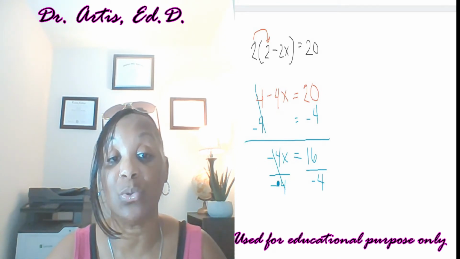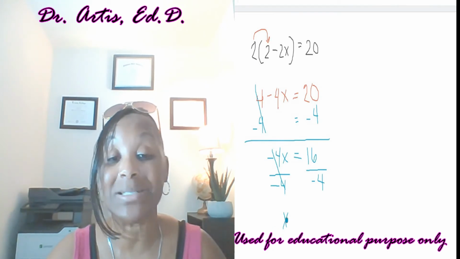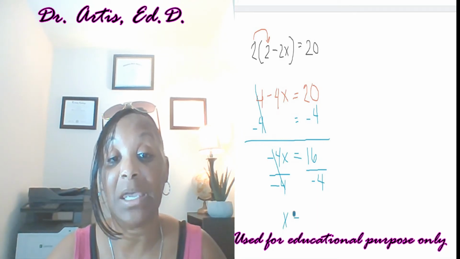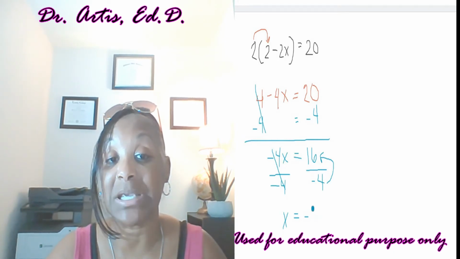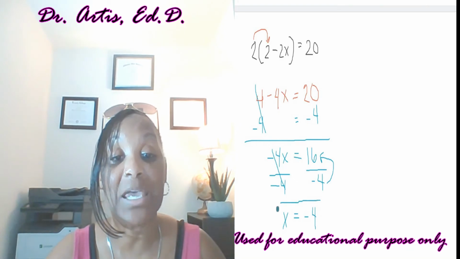We do not need to bring down that 1. The only thing we need to do is write x here because 1 times any number will give you that number. So we just write x here equals, we have -4 into 16, and a negative and a positive will give us a negative, all right, and 4 goes into 16 4 times. So our answer for number 13 is x equals -4.